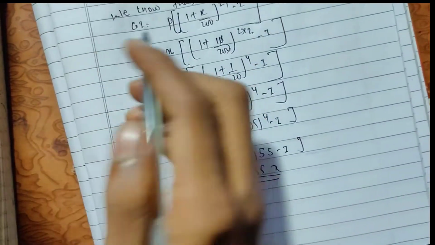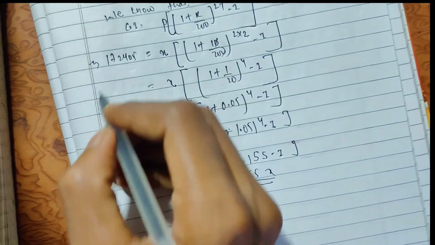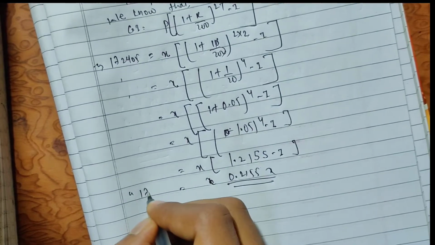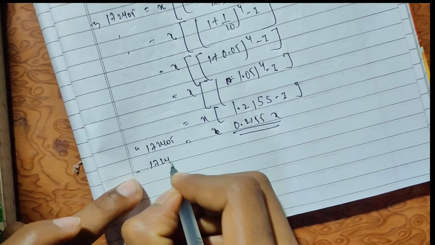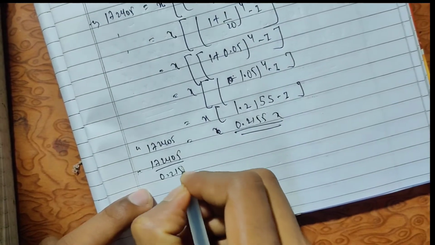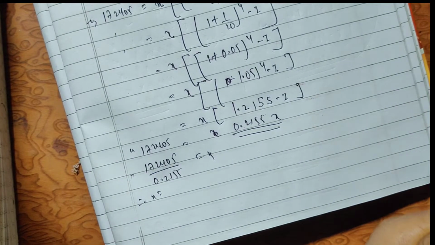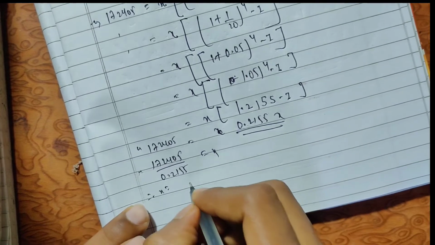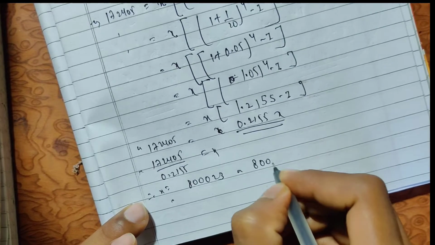Now 172405 equals 0.2155 x, so we will divide 172,405 by 0.2155, therefore x comes to 80,023. Simply we can write 80,023, or we can simply write 80,003.